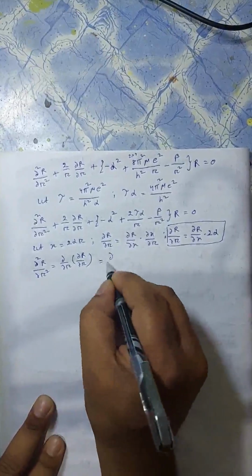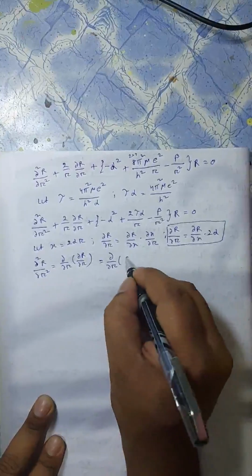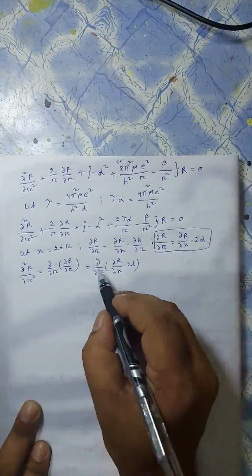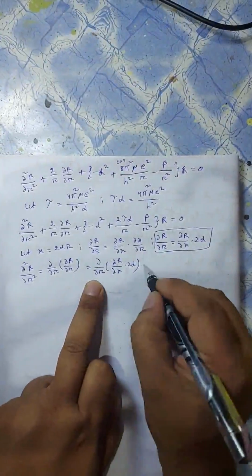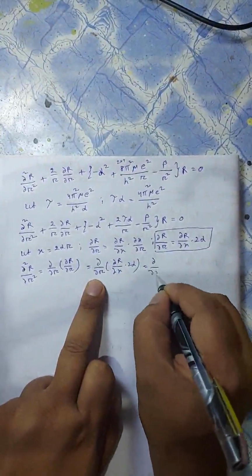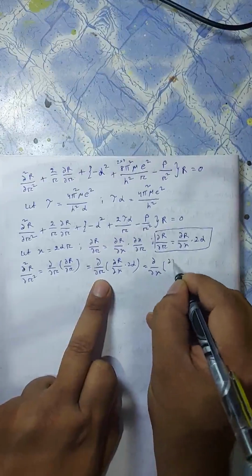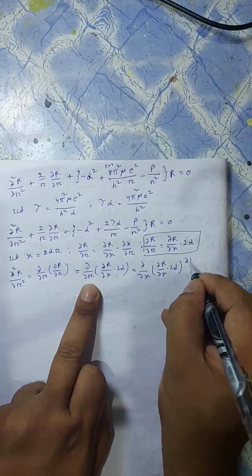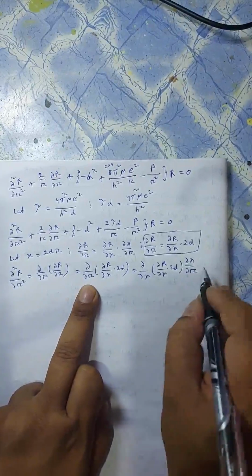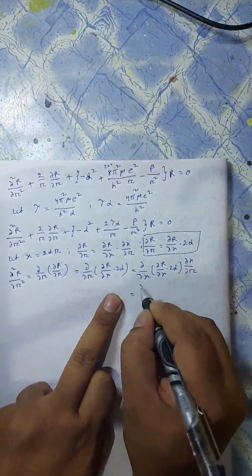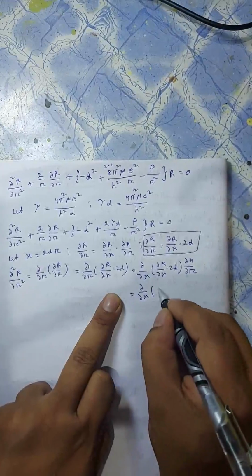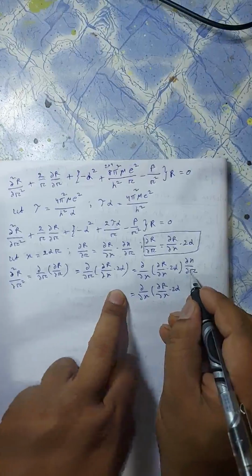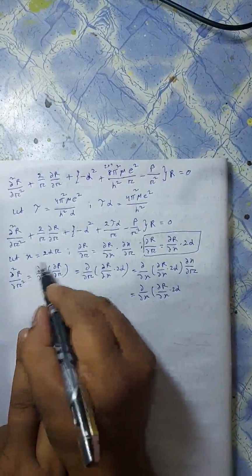This value I know: ∂/∂r is ∂R/∂x into 2α. We convert ∂/∂r to ∂/∂x, then ∂R/∂x 2α, and we can write ∂x/∂r. It remains the same: ∂R/∂x into 2α ∂x/∂r, where ∂x/∂r is equal to 2α.